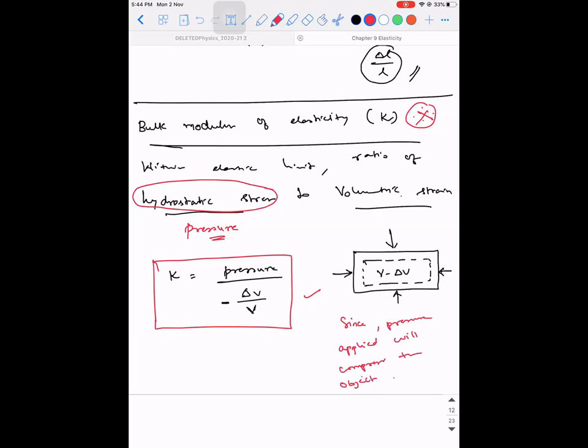Compress the object, delta V is negative. Got it?